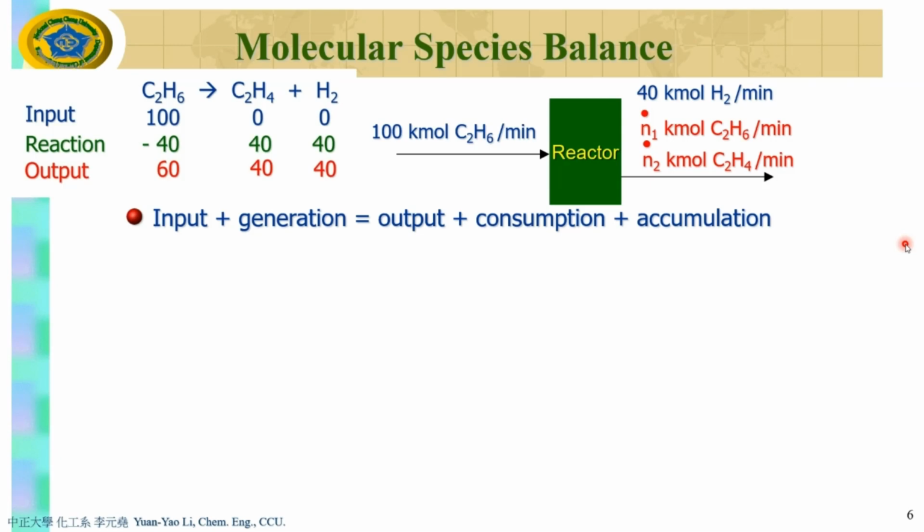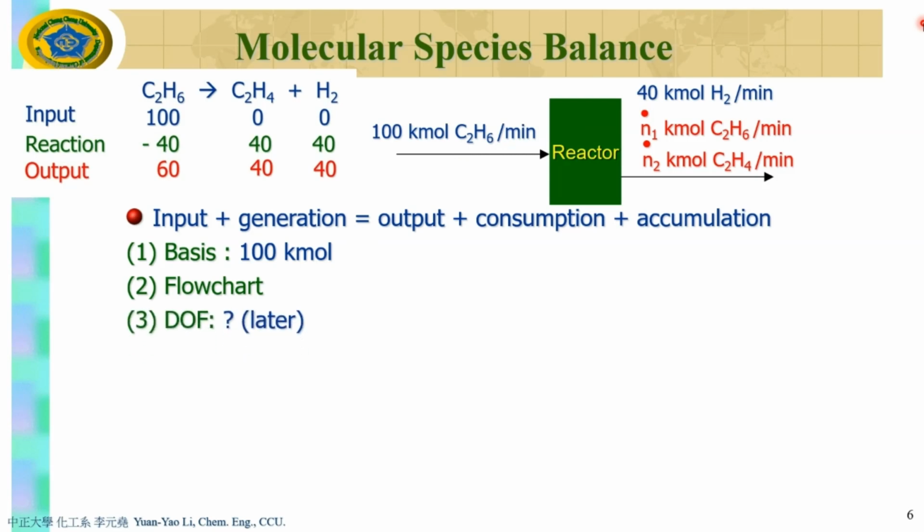If there were accumulation, the process would be unsteady state. So basically, we have a basis of 100 kilomoles per minute. The general balance equation has four terms: input, generation, output, and consumption, in comparison to non-reactive species, which only have two terms: input equals output. So we draw the flow chart like this, with the basis of 100 kilomoles per minute.